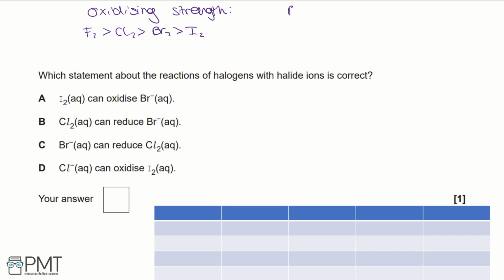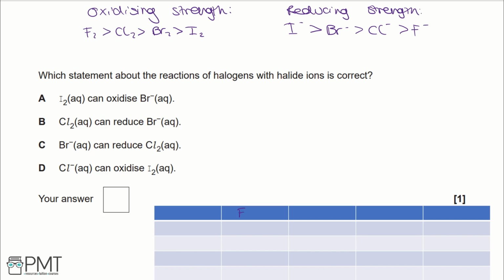Then we need the reducing strength of our halide ions. So this is going to have the opposite trend, and we're going to have I- as our strongest reducing halide ion, then a bromide ion, then a chloride ion, and then a fluoride ion.